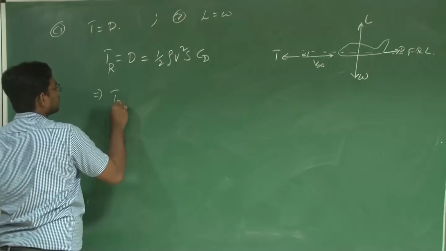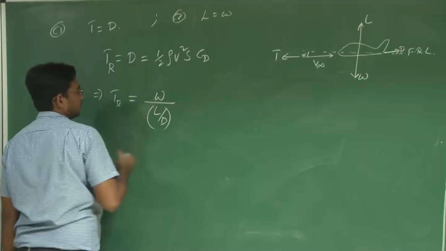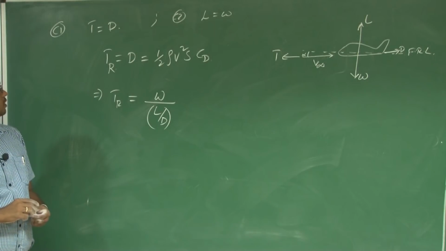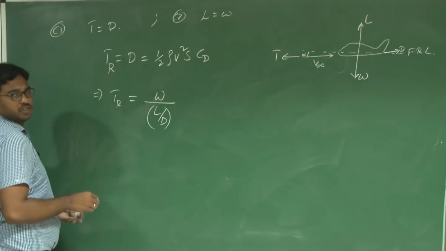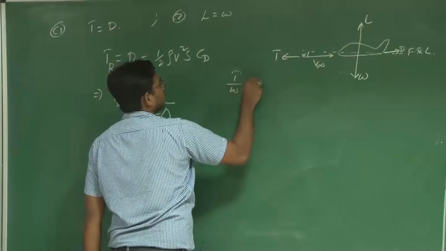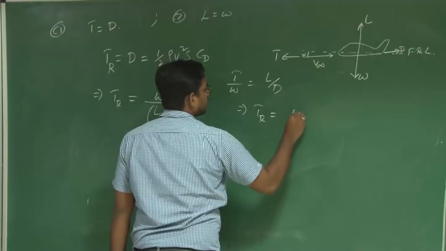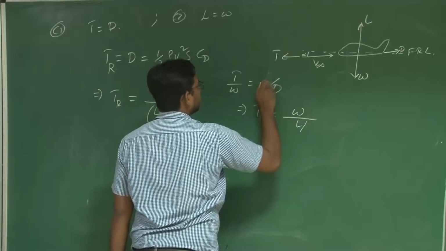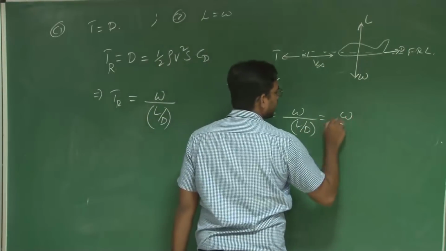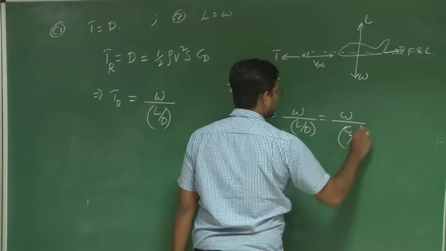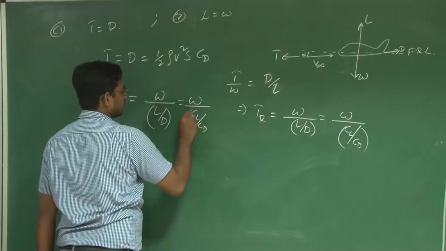So thrust required is equal to W by L by D. Dividing equation 1 and 2 by performing a simple manipulation, T by W is equal to D by L. This implies the thrust required by the system is equal to W by L by D, which is W by CL by CD.